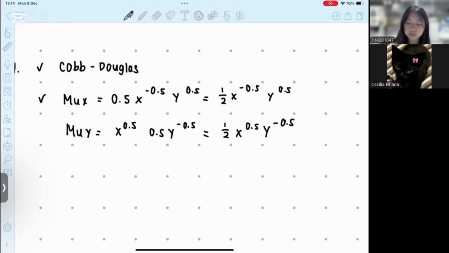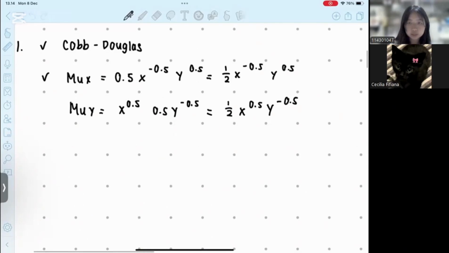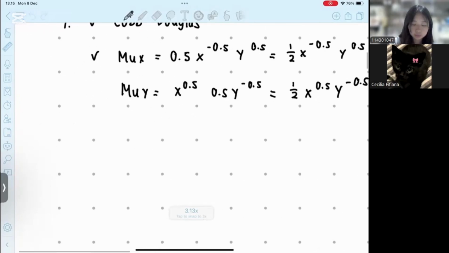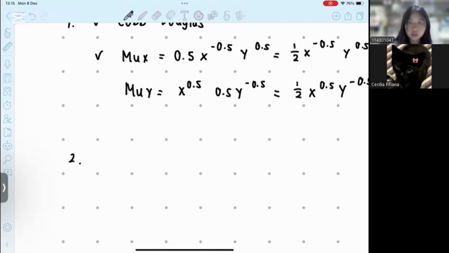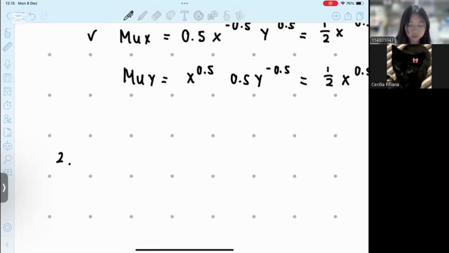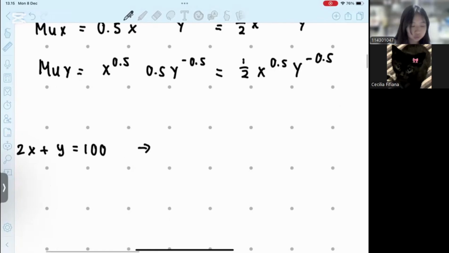The next one, which is number 2, is the consumer's budget constraint. This would be the function 2x plus y equals 100, or you can rewrite it as 2x plus y minus 100 equals 0.